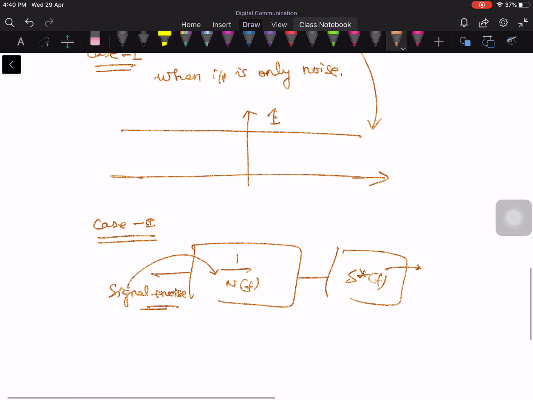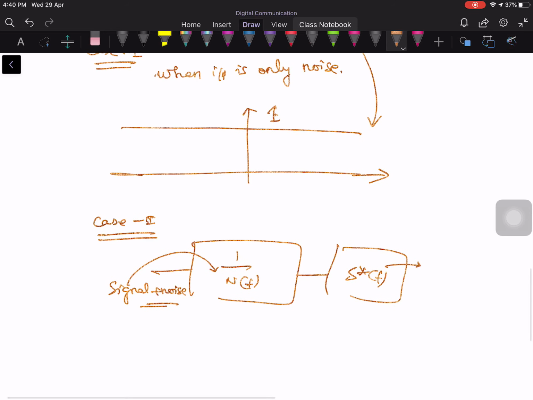Therefore, when we pass it through a filter which is matched to the signal itself, that is why this is called a matched filter. And the noise is white for all frequency components, the magnitude is 1 for all noise frequencies. So that's why it is called white.